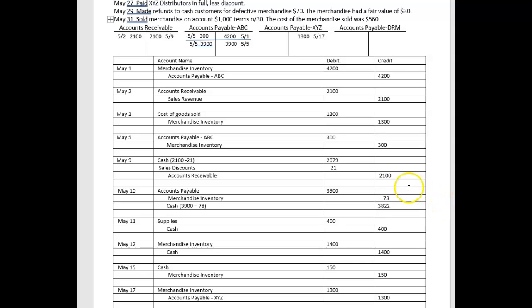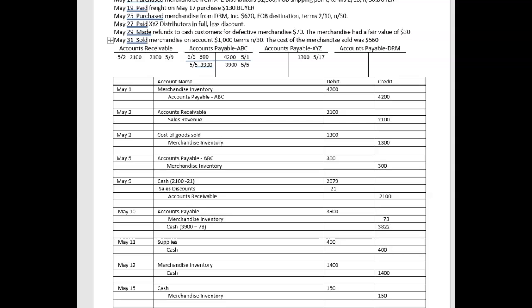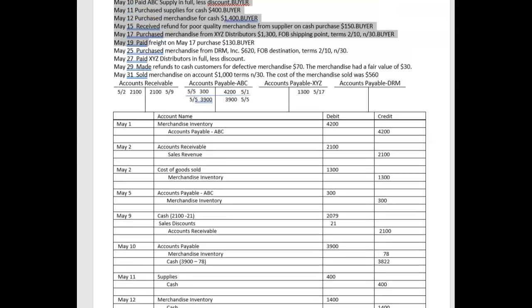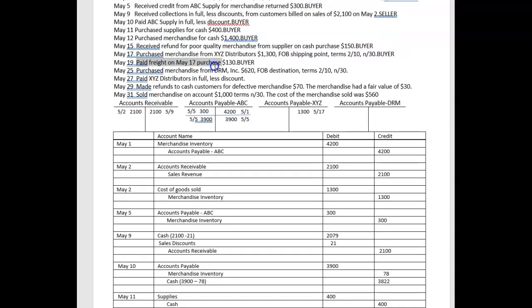All right. Then the last transaction we're going to record is on the 19th: paid freight on the May 17th purchase. So just that purchase up above from XYZ. We are now going to show how Artie is going to record paying for the freight on that.